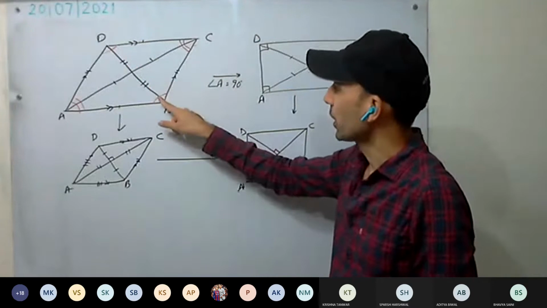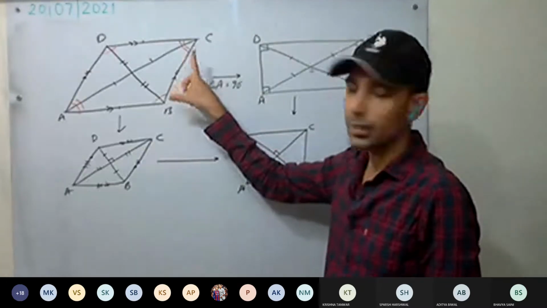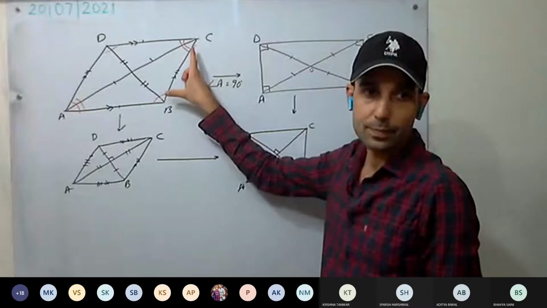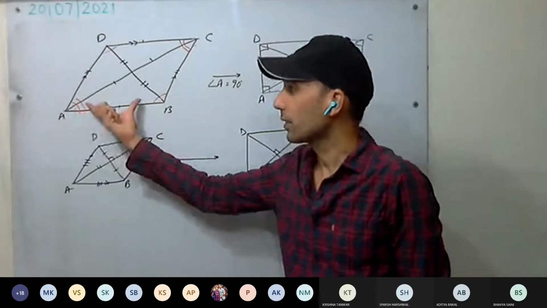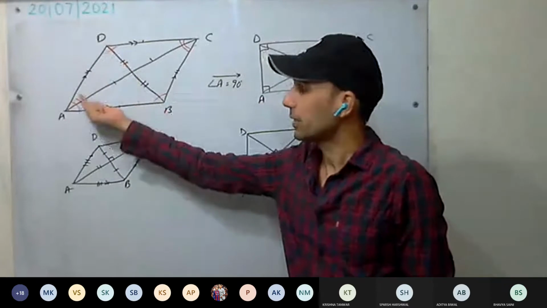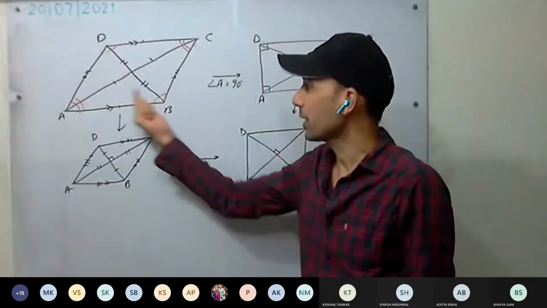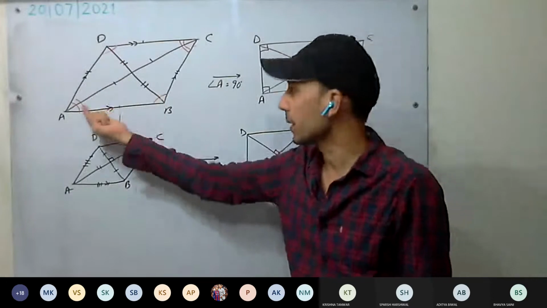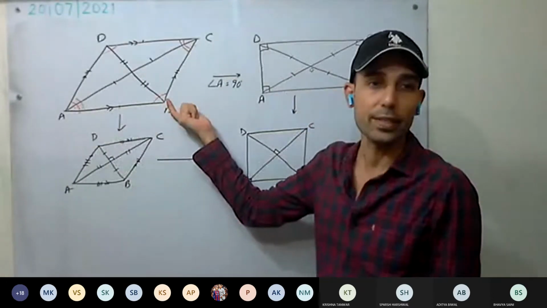Angle B, angle C are adjacent angles, that is, they are neighbors. Adjacent angles are supplementary. It means their sum is 180 degree. Angle A plus angle B is 180 degree.